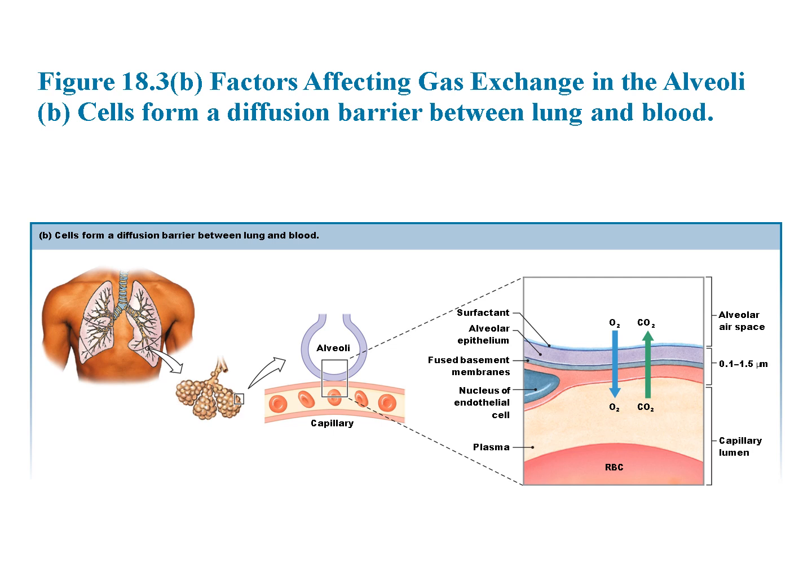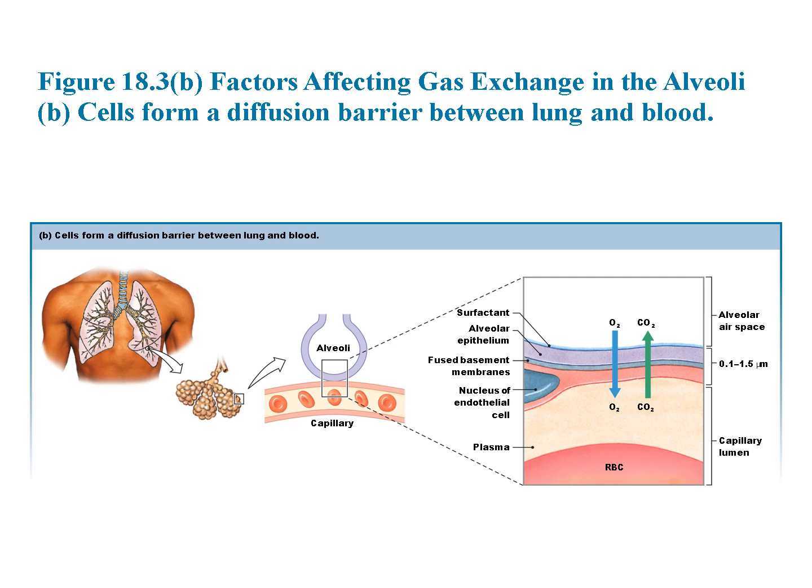The entire diffusion barrier is remarkably thin, measuring only between 0.1 and 1.5 micrometers. This thin structure is essential for efficient gas exchange, allowing oxygen and carbon dioxide to move quickly between the lungs and blood.